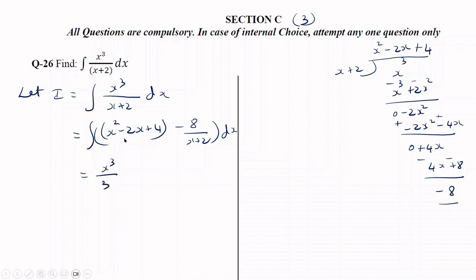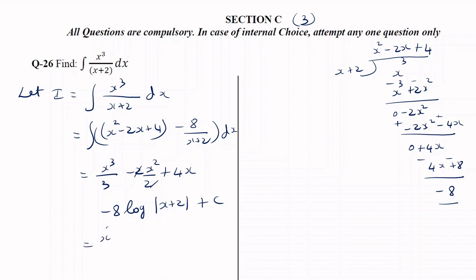Then minus 2 integral x dx is minus 2 into x square by 2 plus 4 integral dx is plus 4x. Then minus 8 integral dx by x plus 2 is minus 8 log mod x plus 2 plus the constant of integration c. So here this 2 and this 2 will get cancelled.